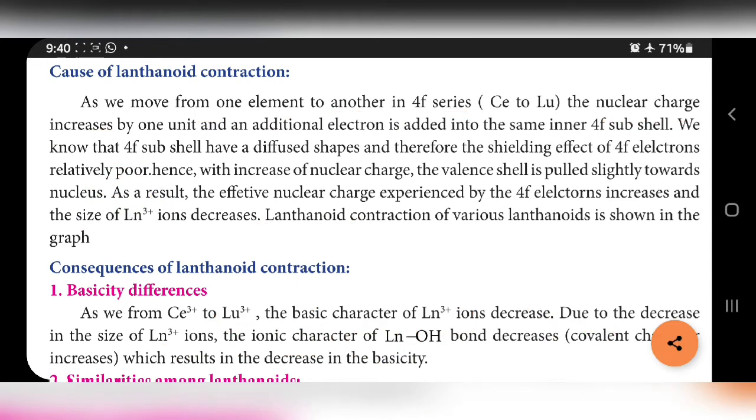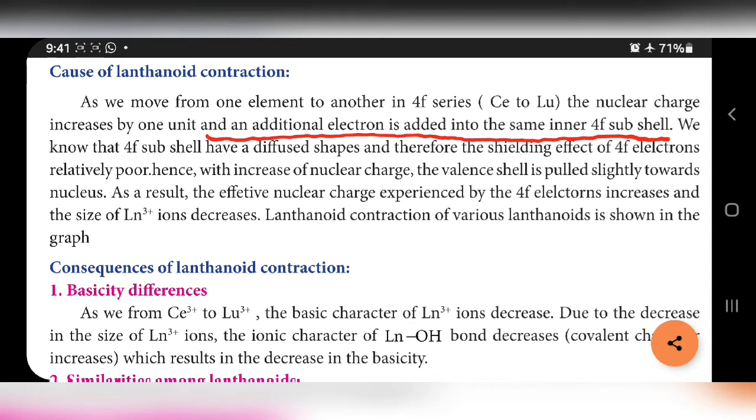If you know the periodic table, you can easily understand this point also, because elements present in the same period all have the same number of orbits. So the additional electron is added into the same orbit only.